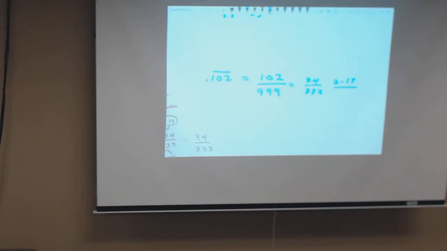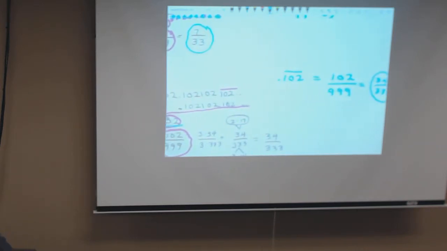I know I can't divide by 2. Can I divide it by 17? 333 divided by 17, nope. I came out with a decimal, so it doesn't come out even. So I'm saying this is in simplified form right there.